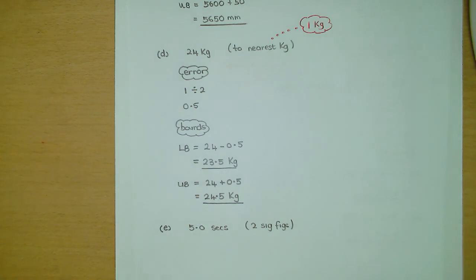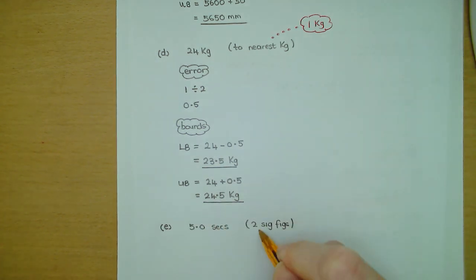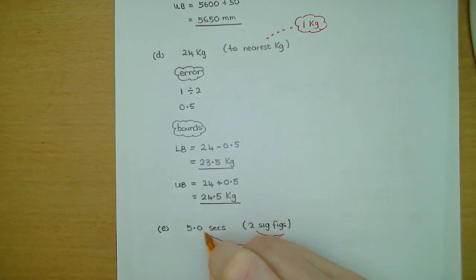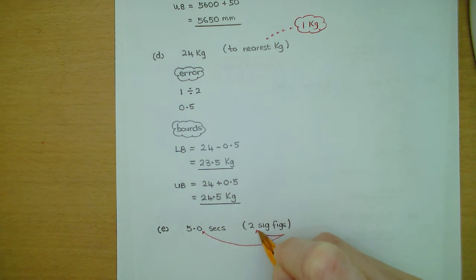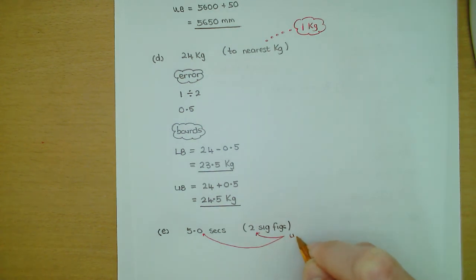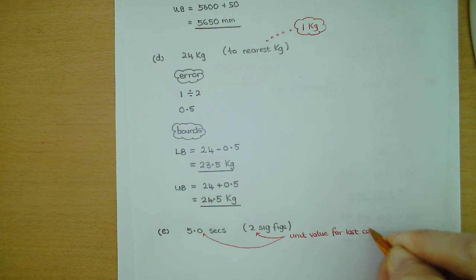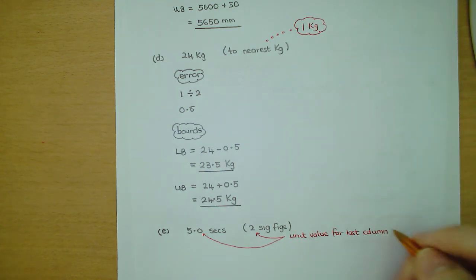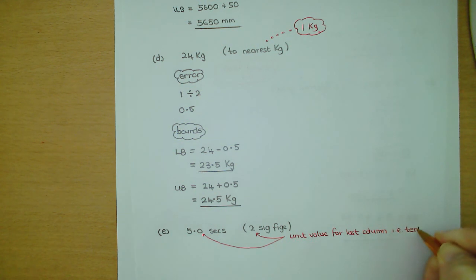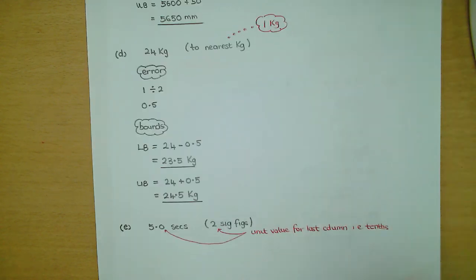So in this case, we take the unit value for the last column, so the last column is the tenths, so it's going to be 0.1, 1/10.